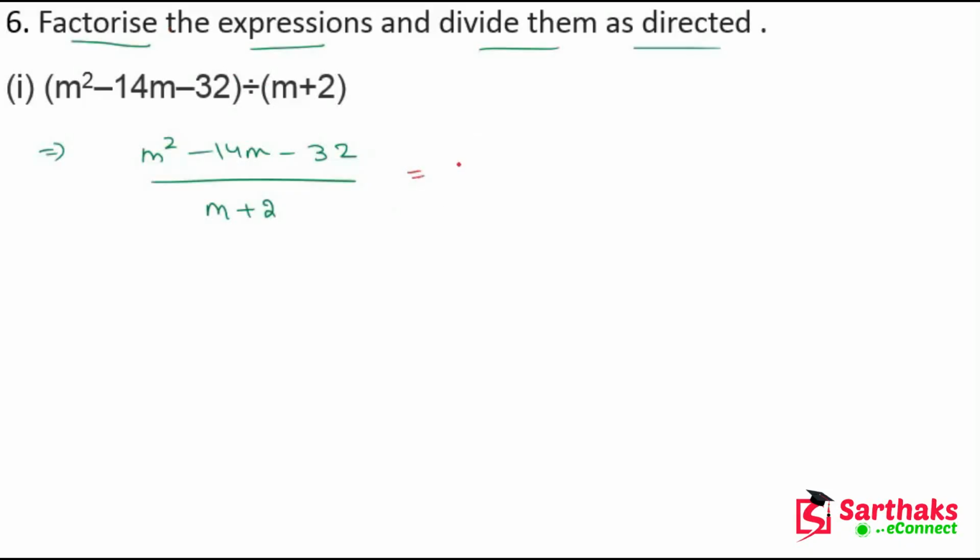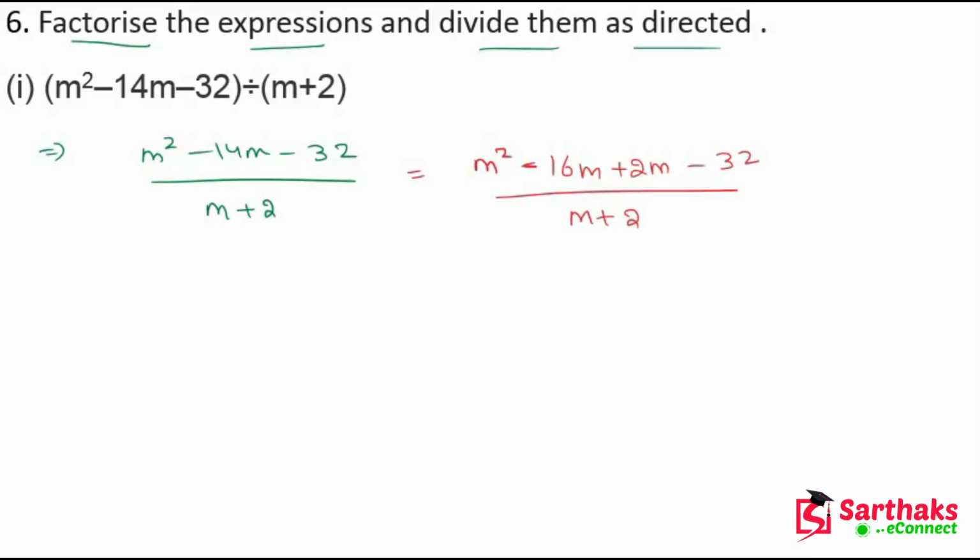Now we have to split the middle part, so we can split it as 16m plus 2m, because if we solve these terms we get minus 14m, and if we multiply this we get 32. So this is minus 32, and it is divided by m plus 2.